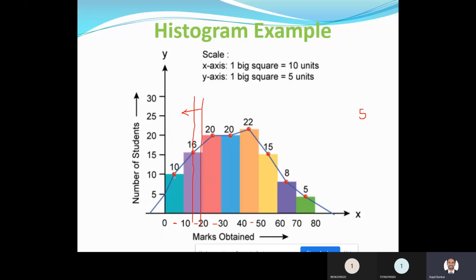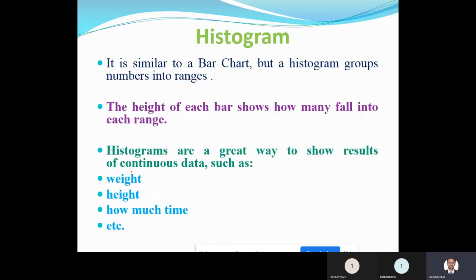Keep in mind that on the x-axis there are numerical values and ranges, and on the y-axis there is frequency. It is similar to a bar chart, as I told you, but a histogram groups numbers into ranges.